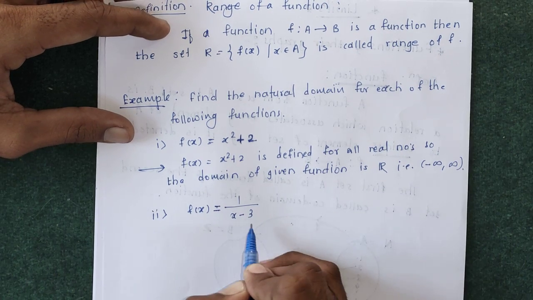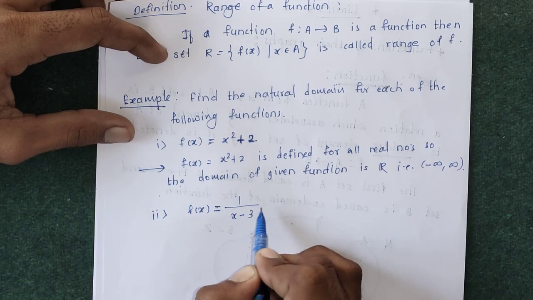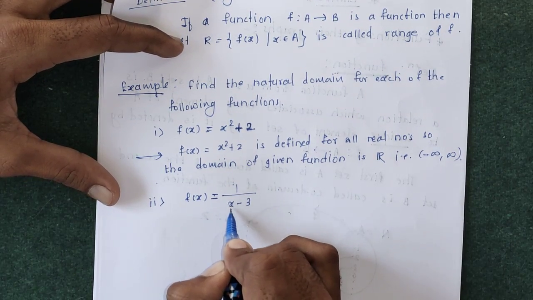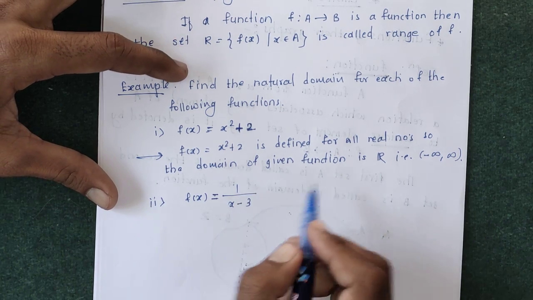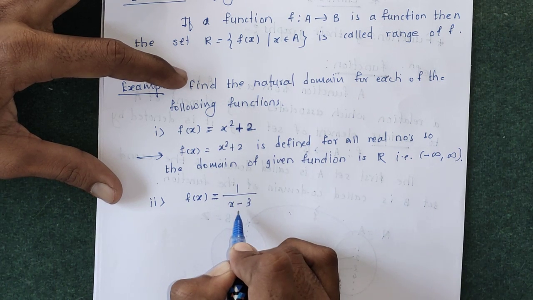So this function is not defined for x equal to 3, and this function is defined for all the other elements. Suppose we take x equal to 1, then 1 upon 1 minus 3 is minus 1 by 2, which will be the image. So for any real number, this function is defined except for x equal to 3.